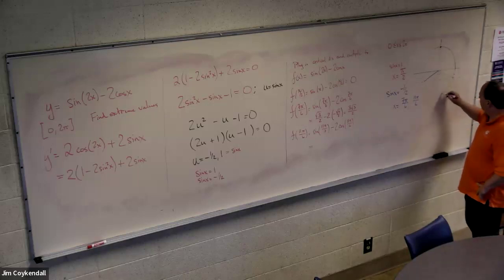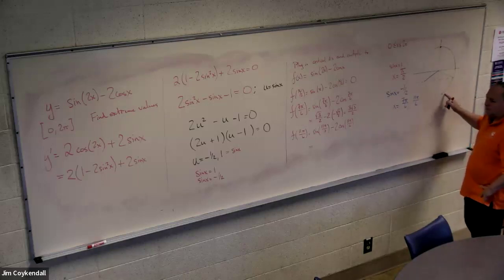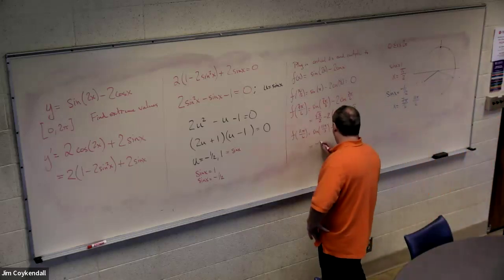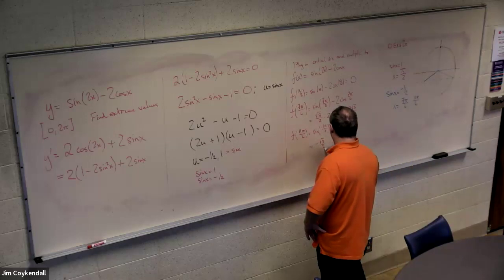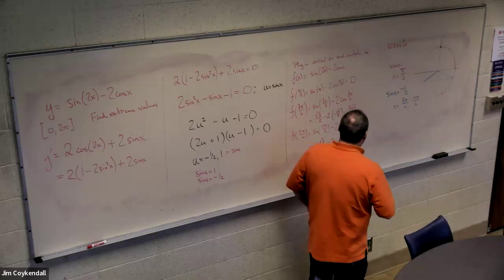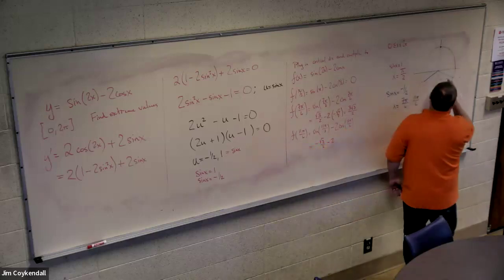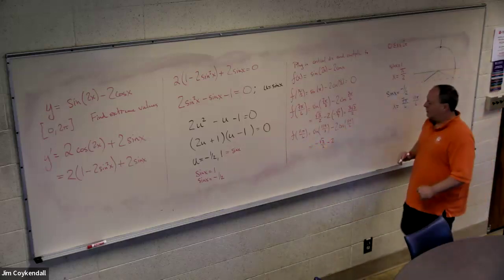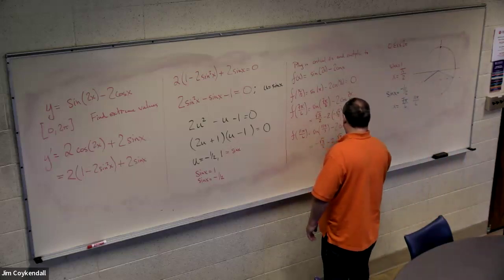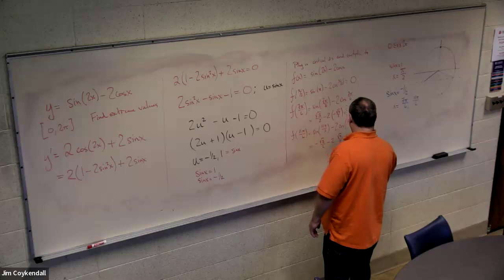So 11 pi over 3 is right here. So its sine is negative. Right here. And the cosine of 11 pi over 6 is positive, root 3 over 2. So I get minus 3 root 3 over 2, right.